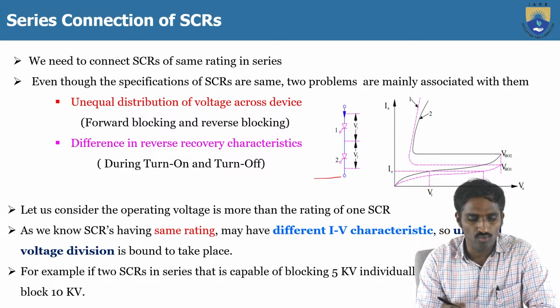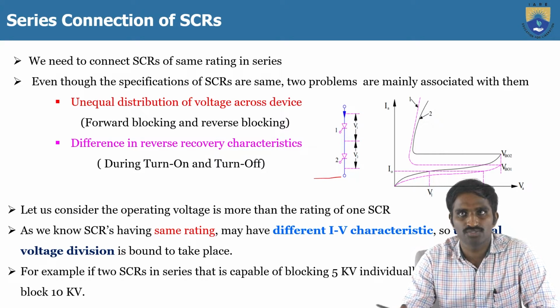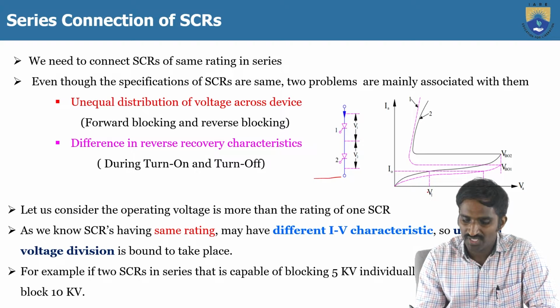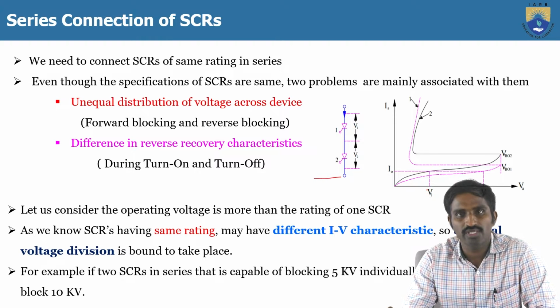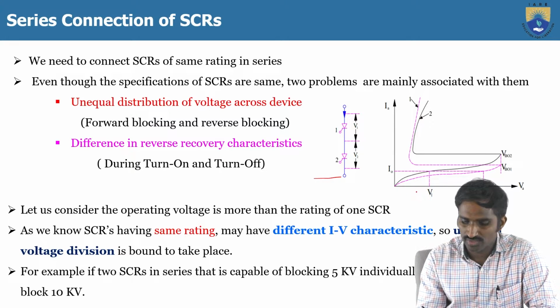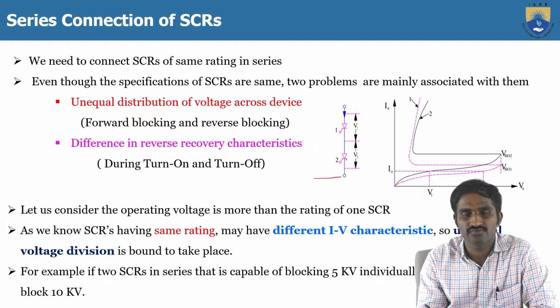So how can we overcome these two problems associated with the series connection of SCRs? Here you can see the forward blocking and reverse blocking characteristics. This black color represents the characteristics of thyristor T2, and the pink dotted line represents the forward conduction characteristics of thyristor T1.